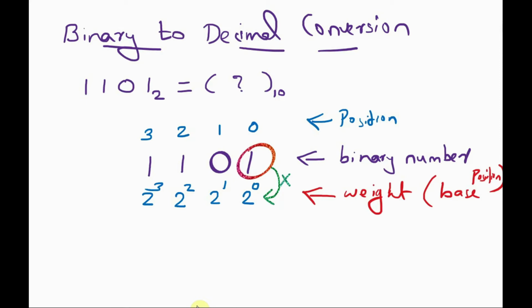That means multiply each number by its corresponding weight and add the result. So we will write it here.